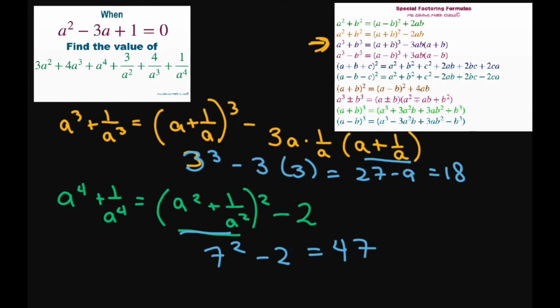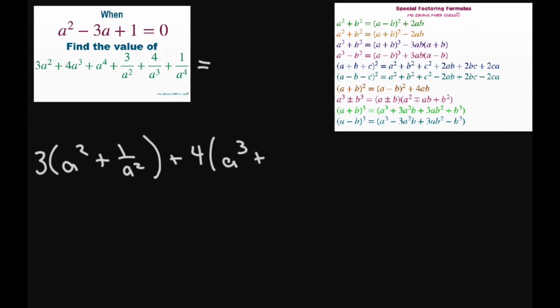All right, from there we just substitute. I'm going to write this out again. We had this equals 3 times a squared plus 1 divided by a squared, plus 4 times a cubed plus 1 divided by a cubed, plus a to the power of 4 plus 1 divided by a to the 4th power.